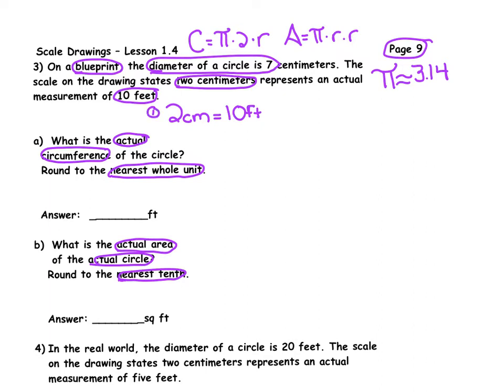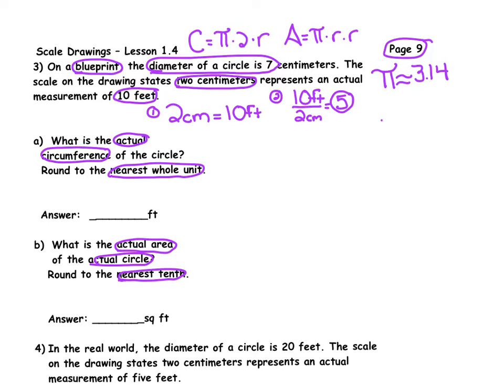Step 1, we always jot down our scale factor. Step 2, let's calculate our rate for this problem. 10 feet divided by 2 centimeters means we're working at a conversion rate of 5.